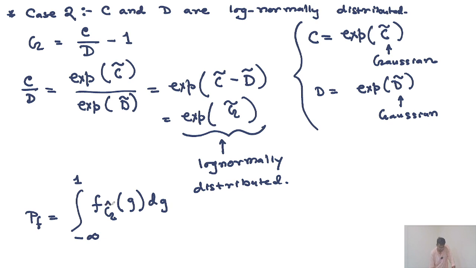It should be G hat because G is having minus 1, right? So it is correct. G hat, where your G hat is equal to exponential of G tilde, first of all, which is equal to G plus 1, right?